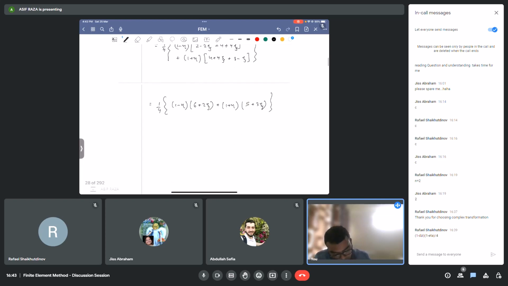Let's simplify it further. 1 upon 4, this is x minus x eta, then 2 xi minus eta xi, 2 eta xi plus 1, 5 plus 3 xi minus 5 eta plus 3 eta xi.